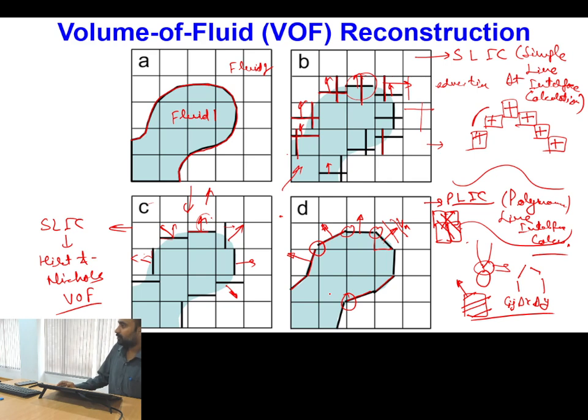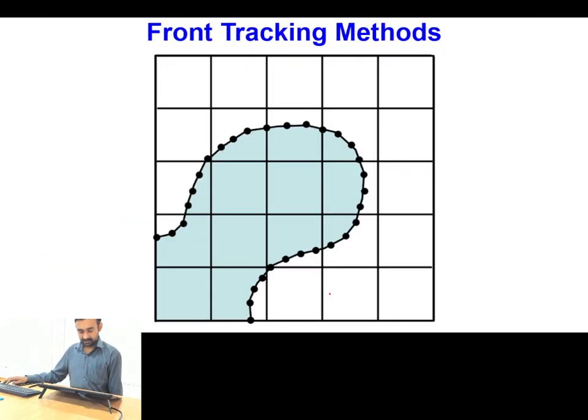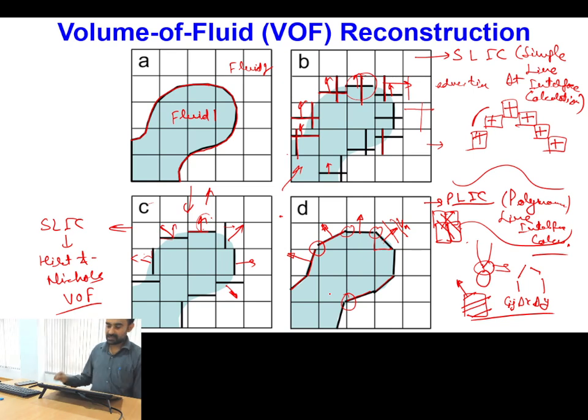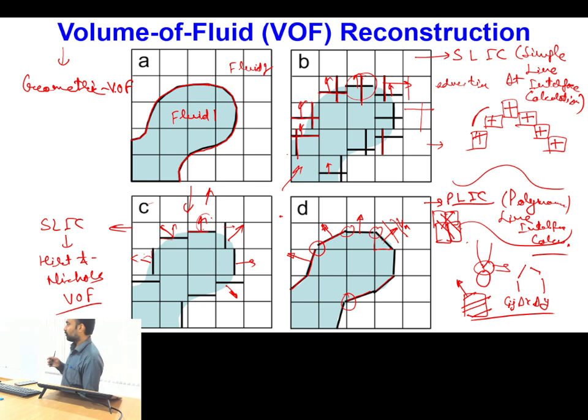Is this point clear? So there are a large number of interface calculation methods. This is our volume of fluid, and this volume of fluid is many times also called geometric VOF, because here all the computations and interface representations are done based on the geometry.